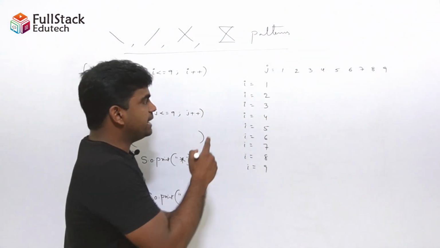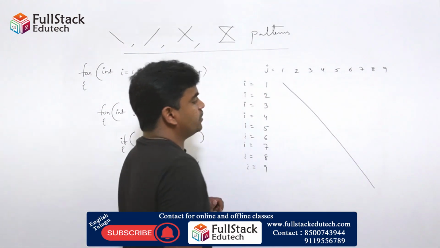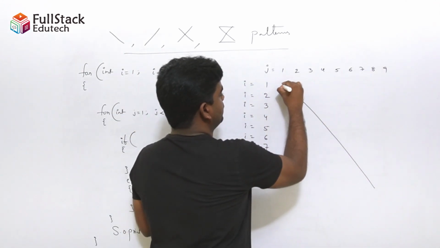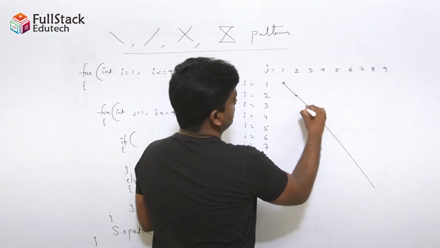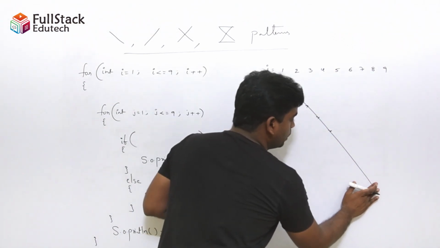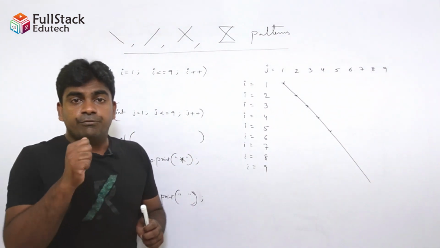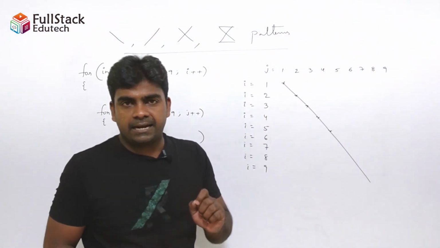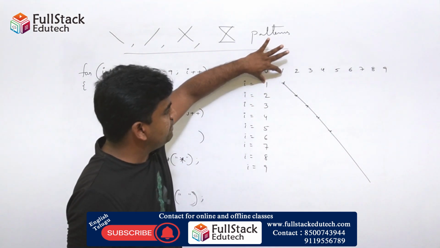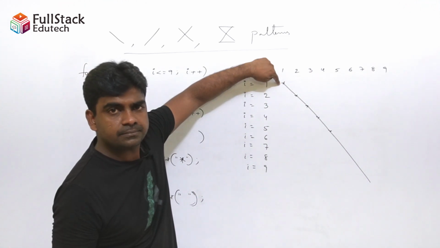First one, I just want to display this slash. How can we display the slash? Suppose here, if you give those points and connect all these points, then automatically this slash will print. So where exactly do we need to display the star? Look at this. When i value equals 1 and j value equals 1, at the intersection we need to display that star.